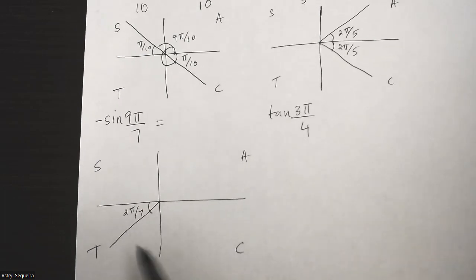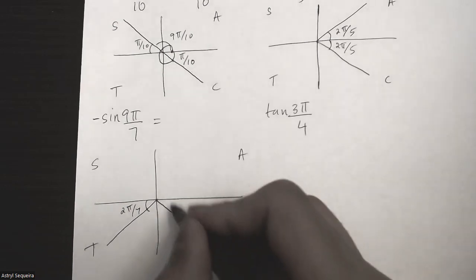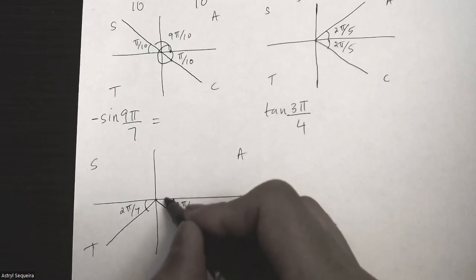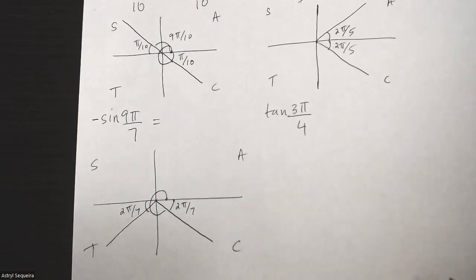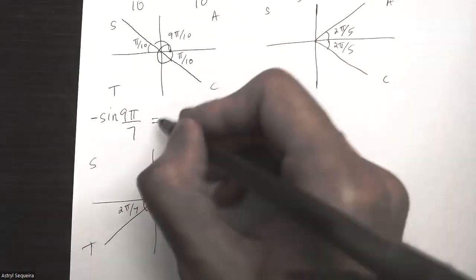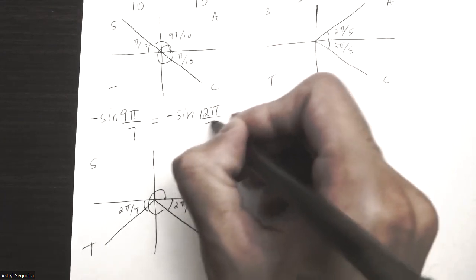Sine is negative in this quadrant, which means sine is also negative in the fourth quadrant over here. And then the principal angle for this one is 2 pi minus 2 pi over 7, which is 12 pi over 7. So negative sine 9 pi over 7 is the same as negative sine 12 pi over 7.